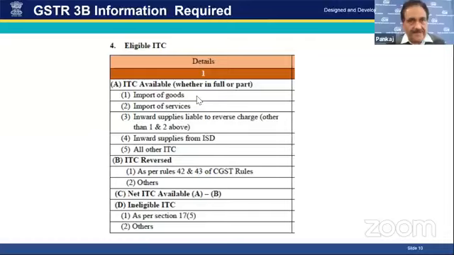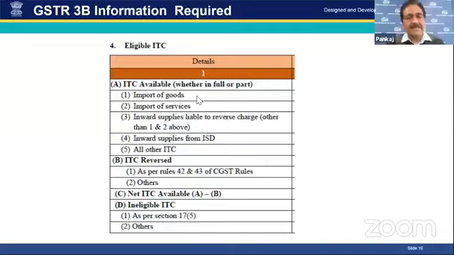I would elaborate further that Rule 42 and 43 of the CGST Rules pertain to the reversal of ITC in respect of inputs and capital goods respectively, when a part of that is used for non-business purposes. So there is a formula prescribed in Rule 42 and 43.